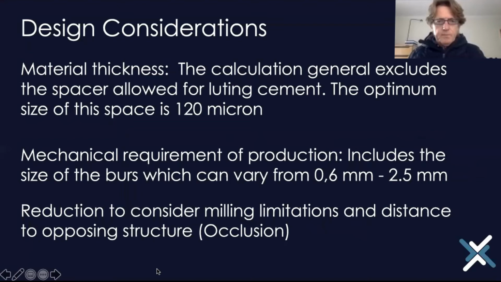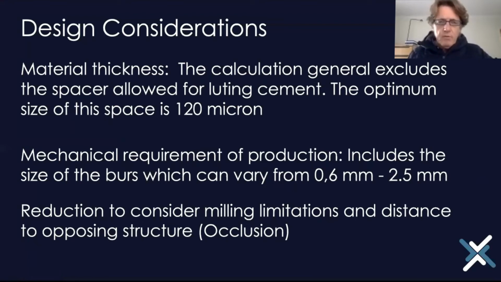Okay, let's go. So what do you need to know when you're prepping? You need to understand how thick the material is going to be. You need to know quite a bit about materials for CADCAM. But like I said, if we go through all of this, all of us will be here for a while. So let's just have a quick look and say that normally when the material is calculated, the spacer thickness has to be deducted.